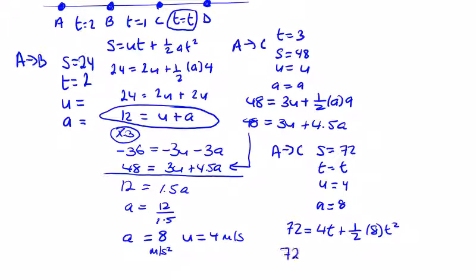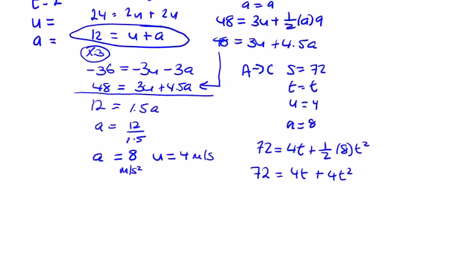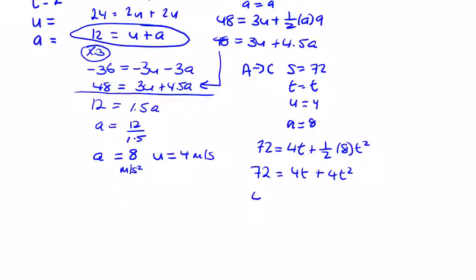So we're going to get 72 is equal to 4T plus 4T squared. So dividing by 4 and moving the 72 across, we're going to have T squared plus T minus 18 is equal to 0.